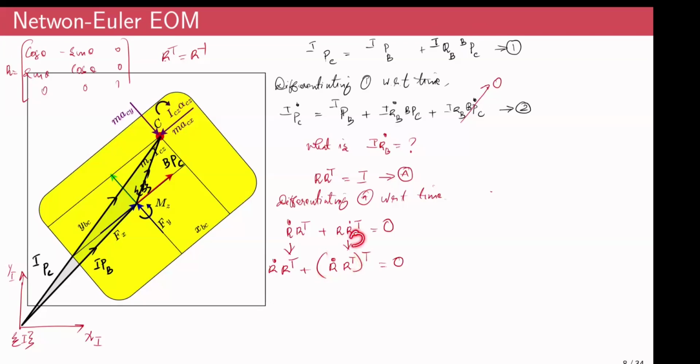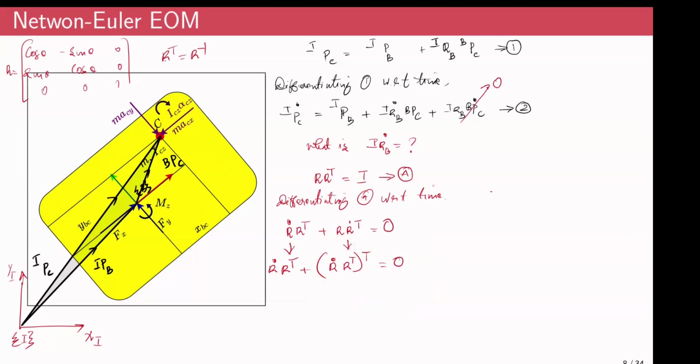It's from the basic identity that AB, the whole transpose, is B transpose A transpose. So if you apply that, you will get R R dot transpose. That is nothing but this term. I hope we are clear up to this step.